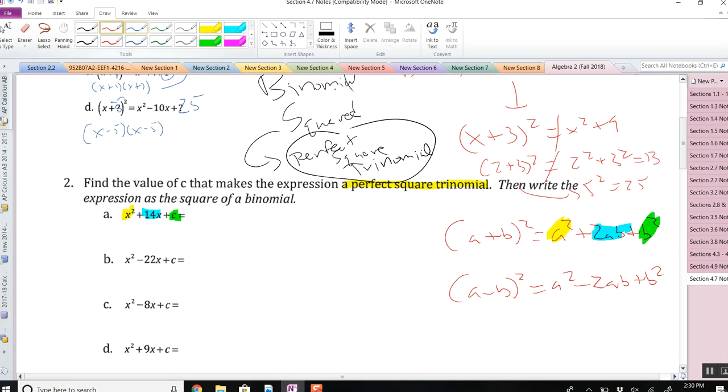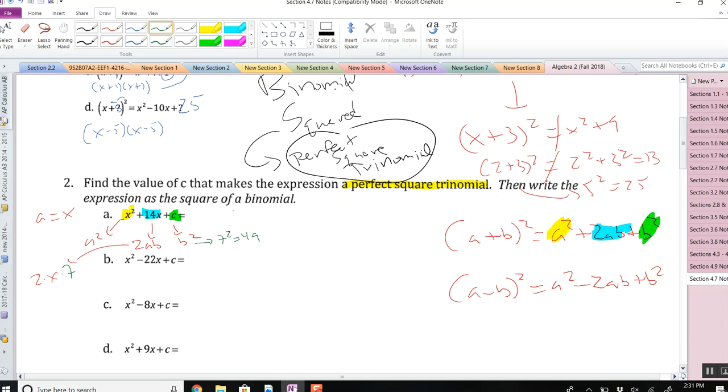Hopefully you gather a is x. If a is x, then you're going to have 2 times x times 7 to make that 14x. So b is 7, therefore your b squared is 7 squared, which is 49.